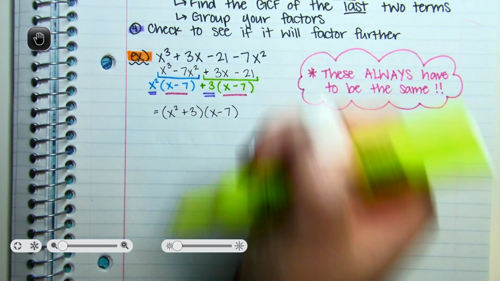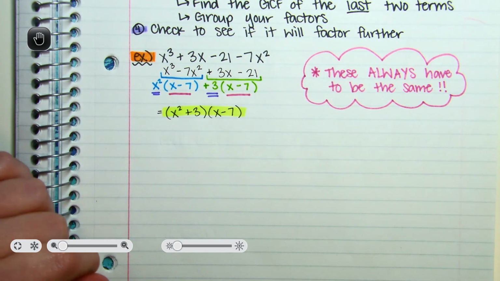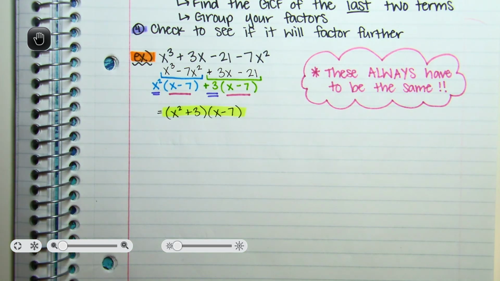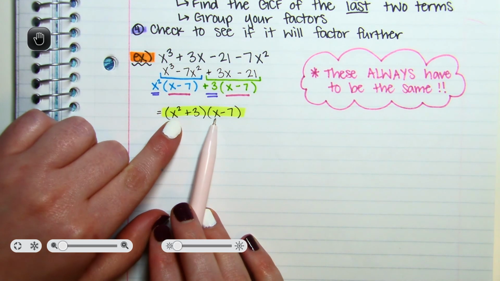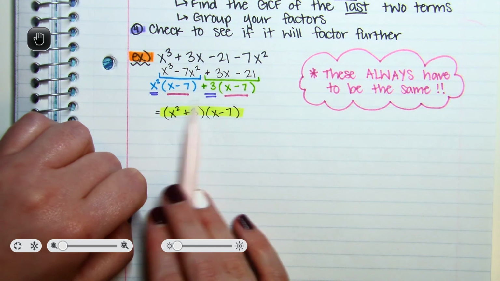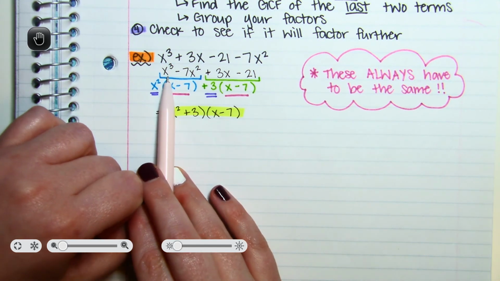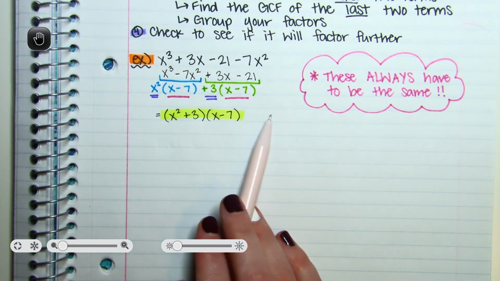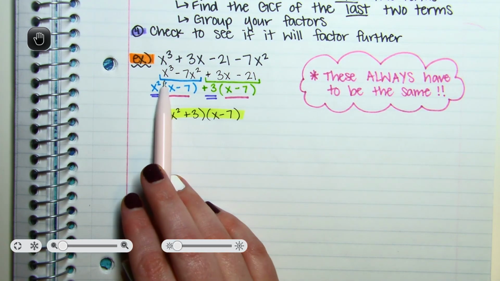Now, the most common question that gets asked is, well, if x minus 7 is written twice, why don't we write it twice in the answer? And the reason for that is because if we were to multiply these together, x squared times x gives us x cubed, which is what the highest power is. If we had another x minus 7 in here, it would raise it to x to the 4th, which is incorrect.